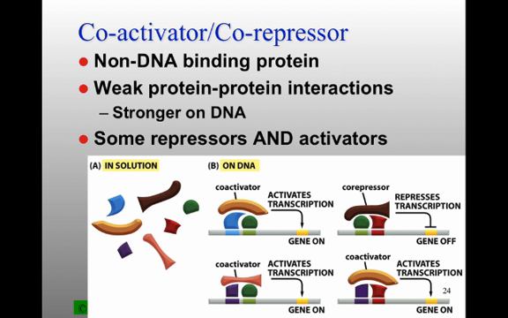So that eukaryotic system, yes, it's mostly things interacting at a distance, but most of these proteins are not anywhere near as simple as the bacterial ones. There are lots of different proteins that are involved in transcriptional regulation, usually multiple proteins at any given promoter for any given gene.